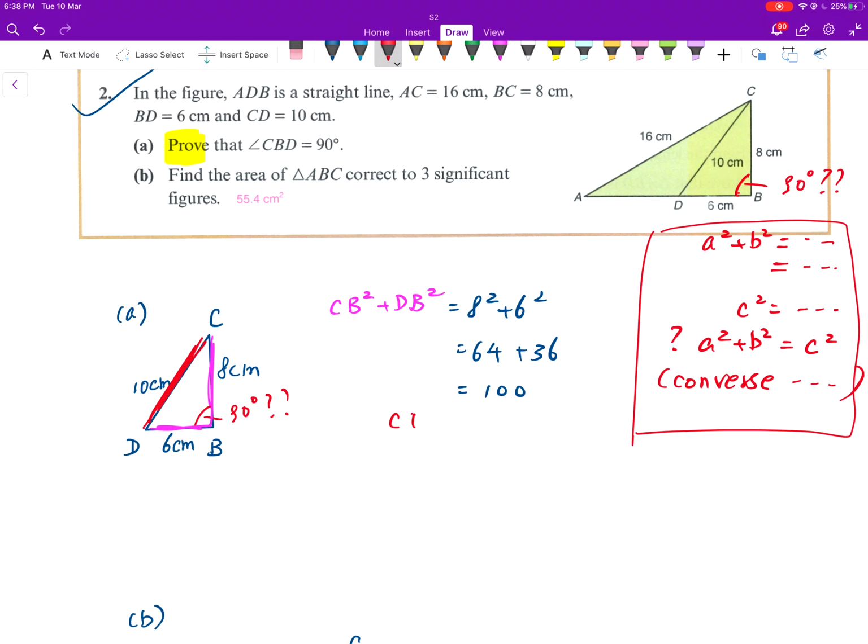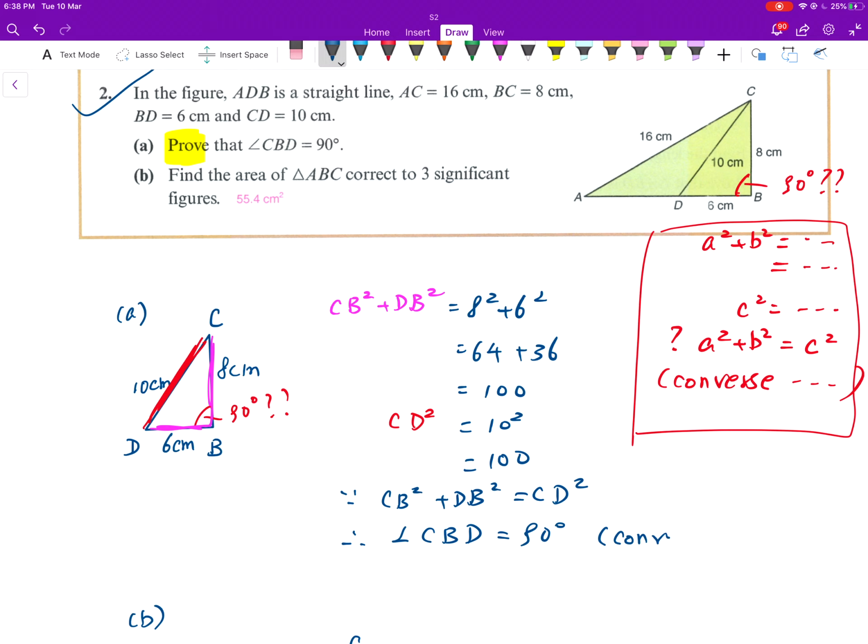We also check CD square, which equals 10 square, also 100. So they are the same. As BC square plus DB square equals CD square, we can draw the conclusion that angle CBD equals 90 degrees, because this is a right-angled triangle, and the reason is the converse of Pythagoras theorem. So we can prove that angle CBD is 90 degrees. Okay, correct.